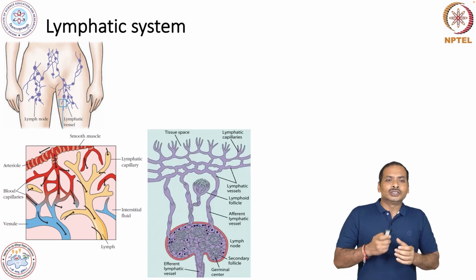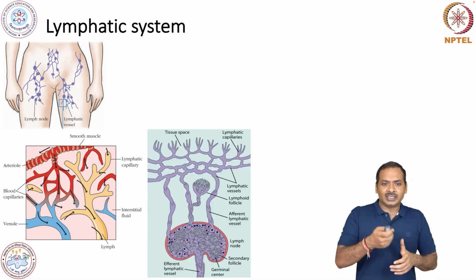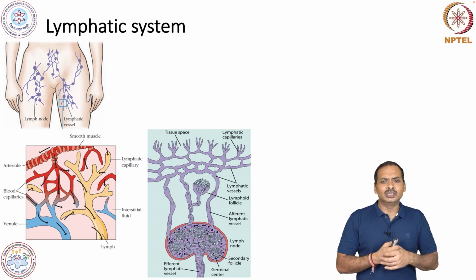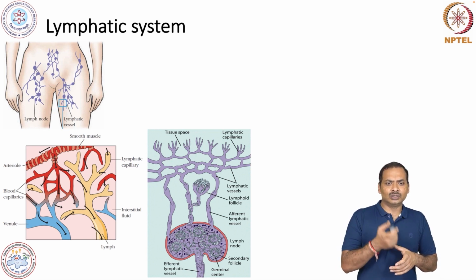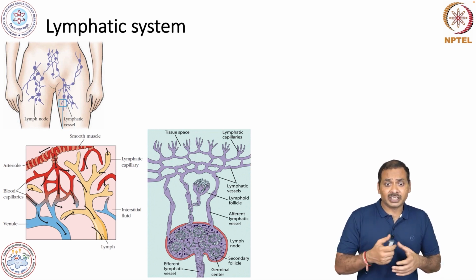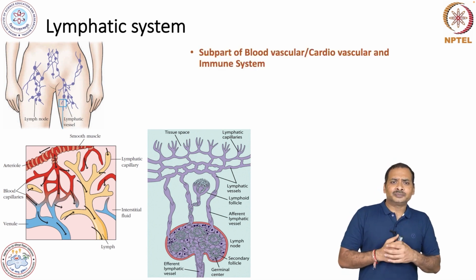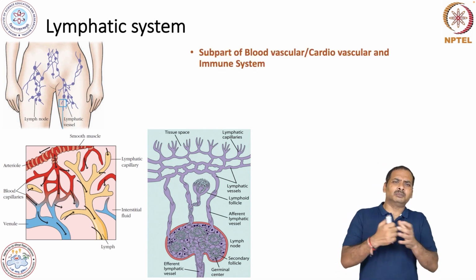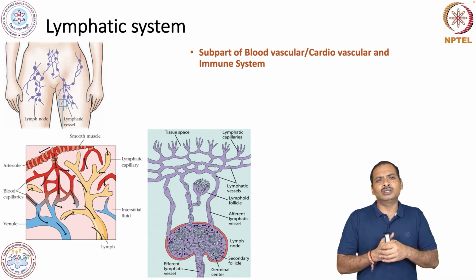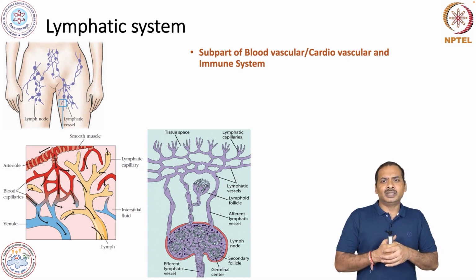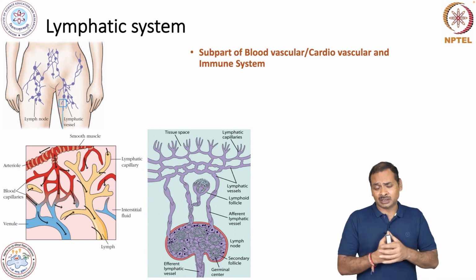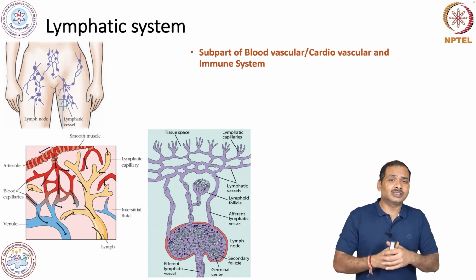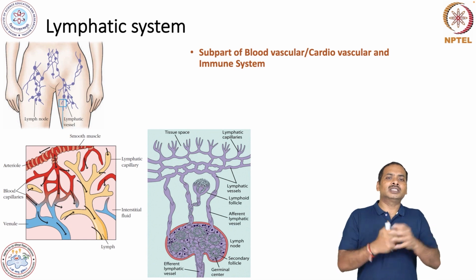Here you can see another image of the lymphatic system, where you can see all those components which I have explained. Basically this lymphatic system is a sub part of the blood vascular or cardiovascular system, and the immune system. It's playing a very important role in immunity.